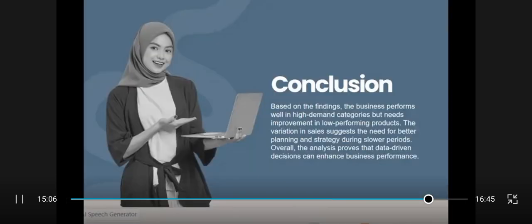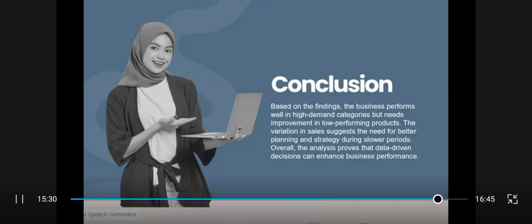Conclusion. Based on the findings, the business performs well in high demand categories but needs improvements in low performing products. The variation in sales suggests the need for better planning and strategies during slower periods. Overall, the analysis proves that data-driven decisions can enhance business performance.